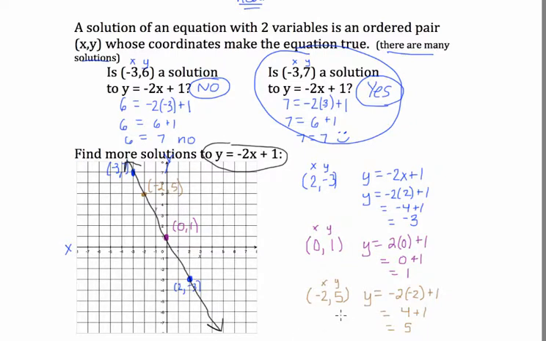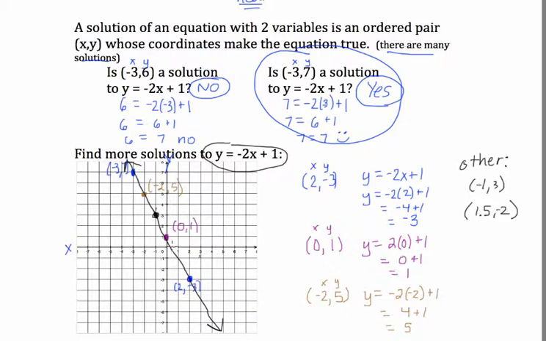Now I've centered on whole number solutions, but there are other solutions. Anything on this line is a solution to this equation. Some other examples, -1, 3, right here. Another one, 1.5, -2.